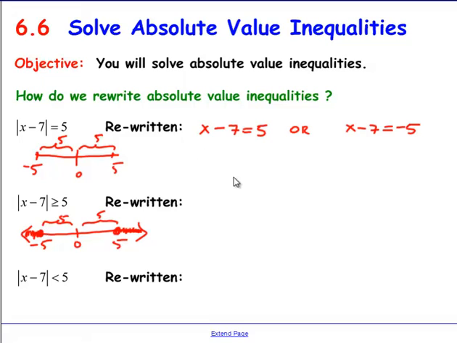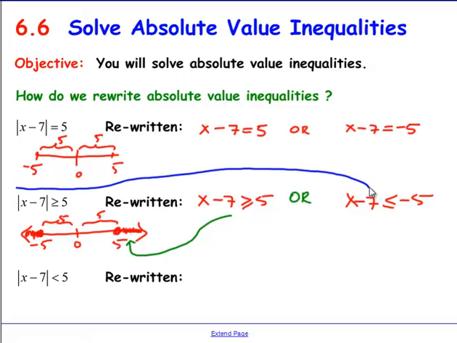So this is an OR problem. The first inequality is x minus 7 being greater than or equal to positive 5, which goes with this part of the picture, or x minus 7 is smaller than negative 5, and that goes with the left side of the picture. So all the numbers that are smaller than negative 5.